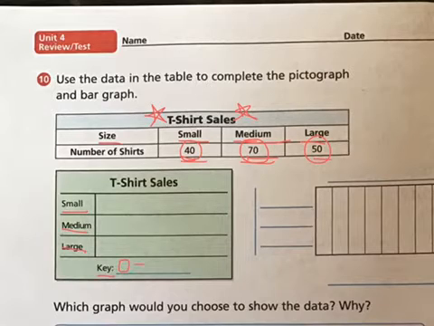One circle equals 10 t-shirts, because with the space that they gave us, we don't have room to draw 70 circles to represent the 70 shirts. So instead we're going to use circles.